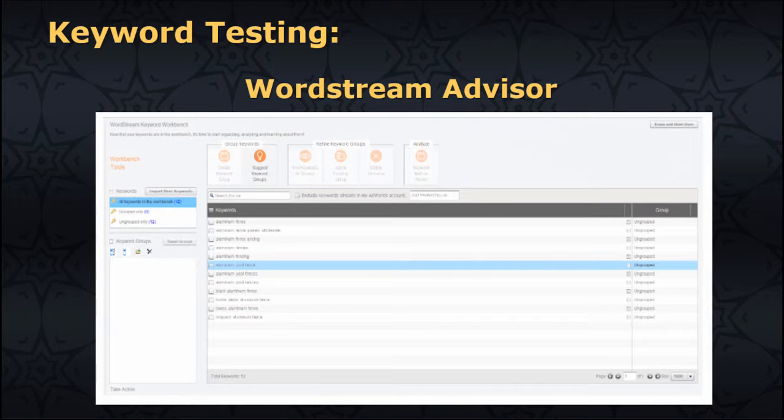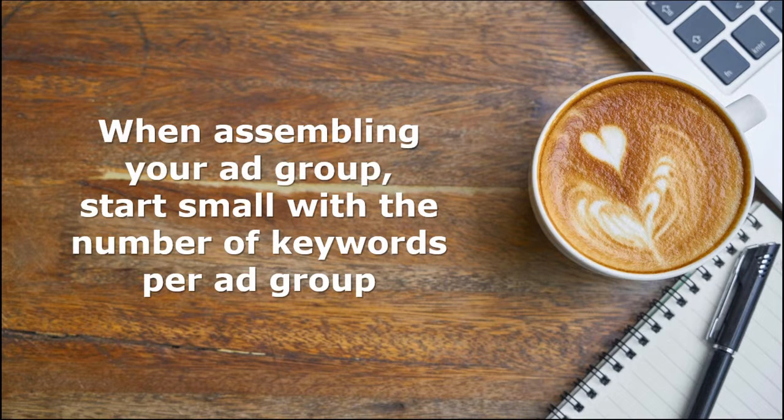WordStream Advisor is WordStream's free keyword tool, PPC, and social media advertising platform. It enables you to search for new keyword ideas, identify keyword niches, and most important, exclude negative keywords from your campaign. When assembling your ad group, be sure to always start small with the number of keywords per ad group, which is 10 to 20 maximum.